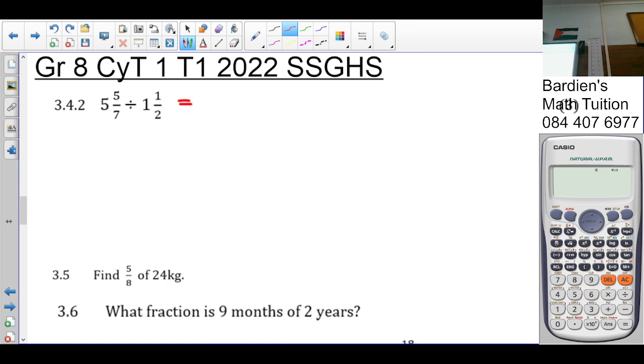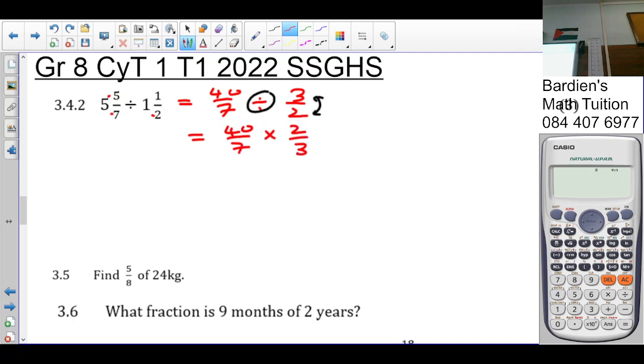So that now becomes 5 times 7 is 35 plus 5 is 40, so it's 40 over 7, divided by 2 times 1 is 2 plus 1 is 3, so it's going to be 3 over 2. What do we do thereafter? Change it to multiplication. We tumble and times. So it's going to be 40 over 7 multiplied by 2 over 3.